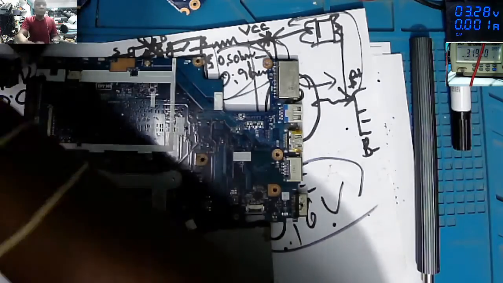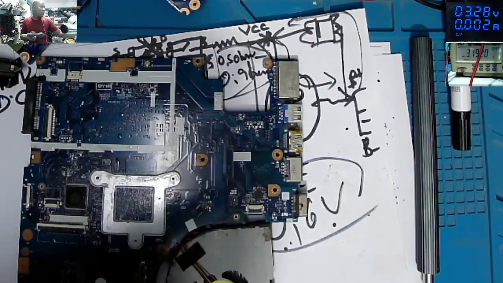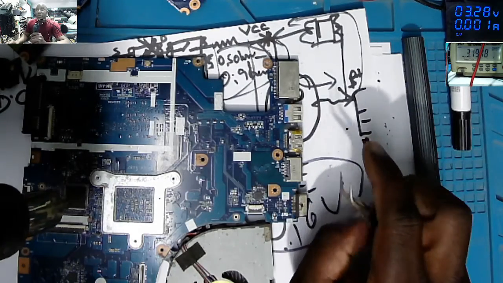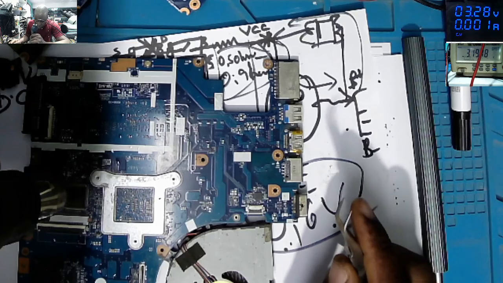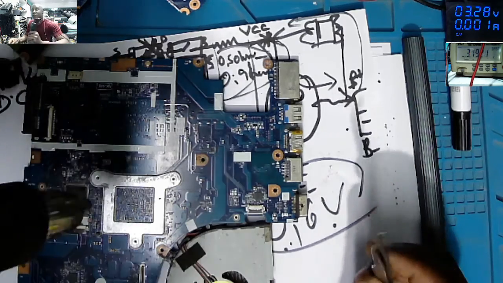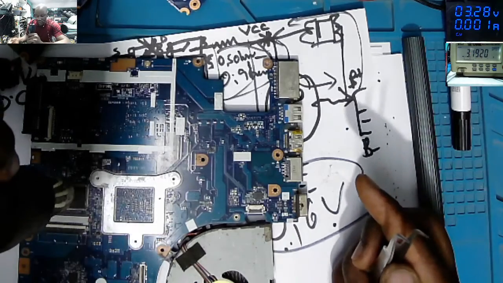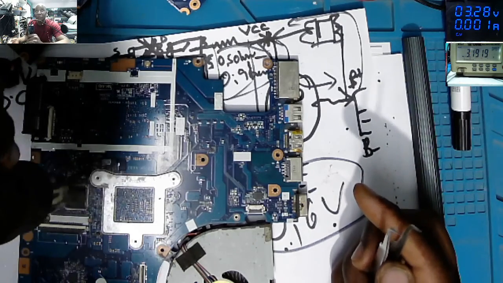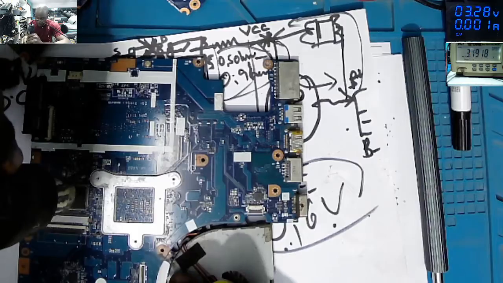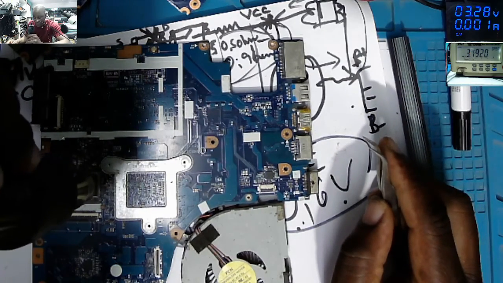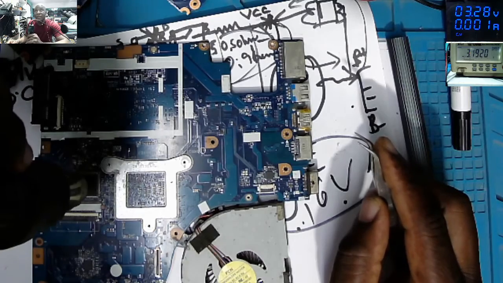So let's take out this EC chip. We are not fixing. We want to see what kind of faults we have here. So let's take out this big chip. This is an experiment.